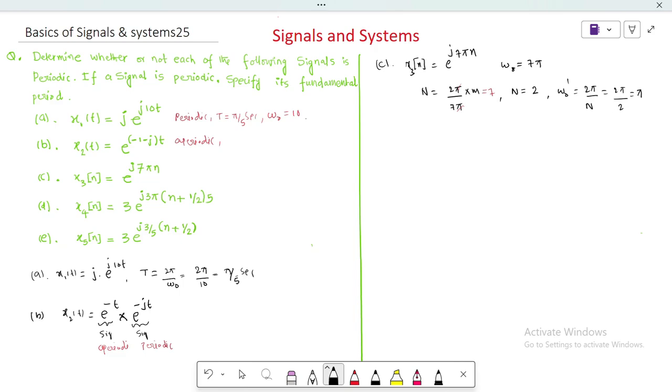Or we can write fundamental frequency equal to omega naught by m. So this is periodic, and the time period n equals 2.